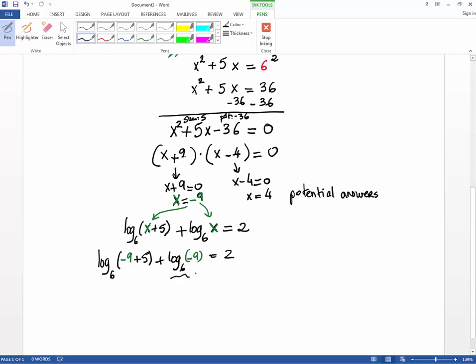I already see a problem here. Log base 6 of negative 9. When you are evaluating a log, no matter what the base is, you cannot have inside that log an expression that's either negative or 0. And we have two of them if you think about it here, so double trouble. If you clean up the first log, it's log base 6 of negative 4, which is not defined.